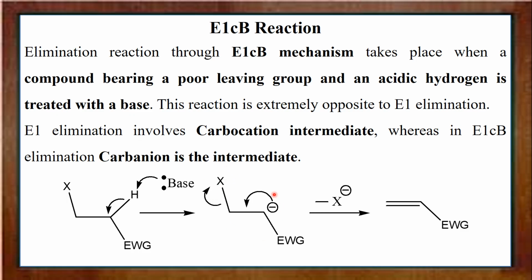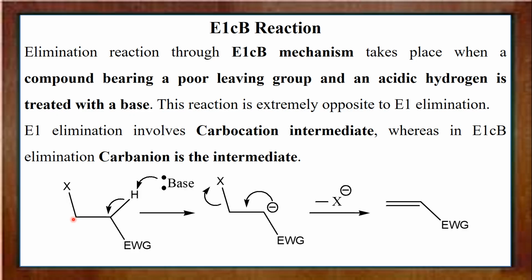So this carbanion is the intermediate, and from this carbanion the leaving group is expelled, resulting in the formation of an olefinic double bond. Therefore, X from the alpha carbon and hydrogen from the beta carbon are eliminated.